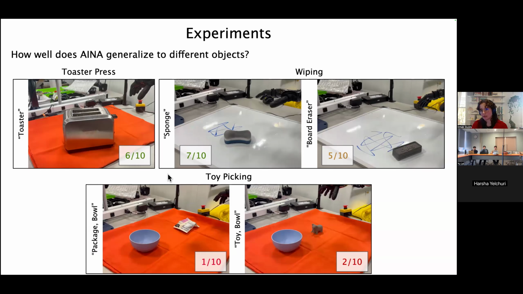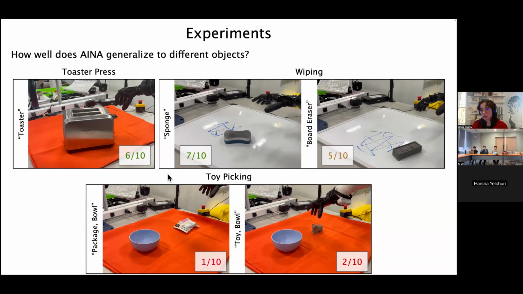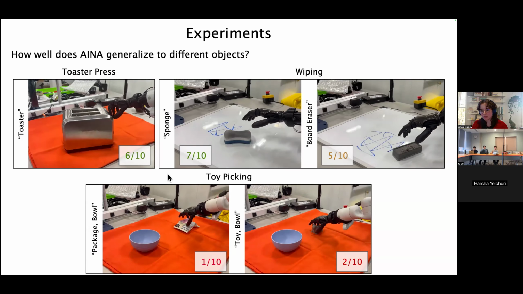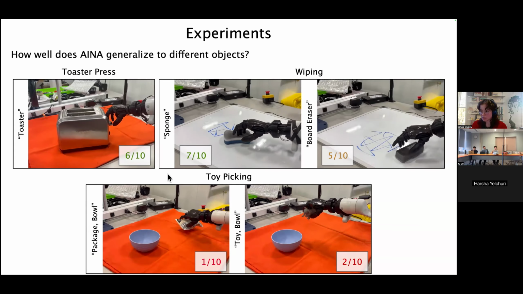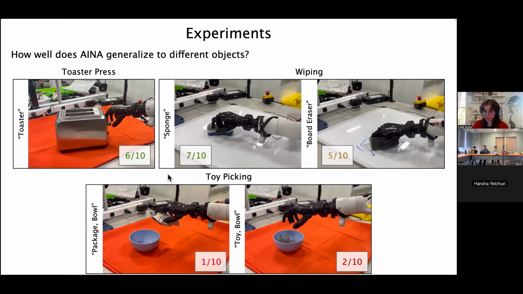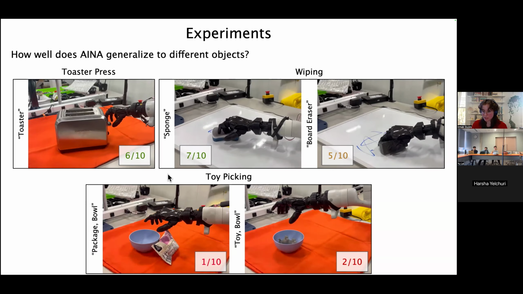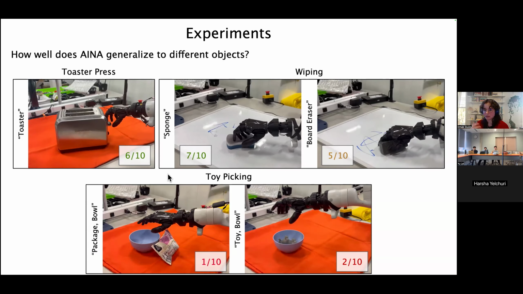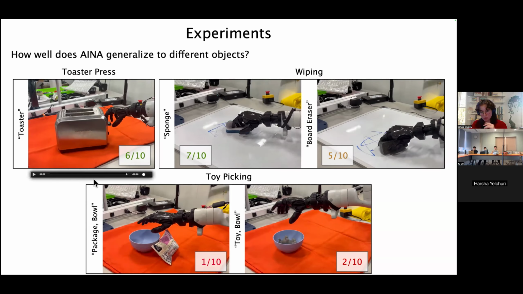And then how well does Aina generalize? These generalizations are heavily dependent on the points, since everything is points. If the points look very different compared to the original object, then it fails, but the color doesn't really matter. Small differences between one toaster and another, where the handle is slightly smaller and so on, don't matter as much as expected.